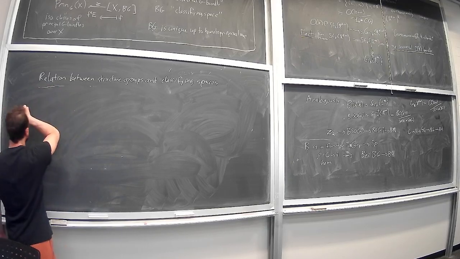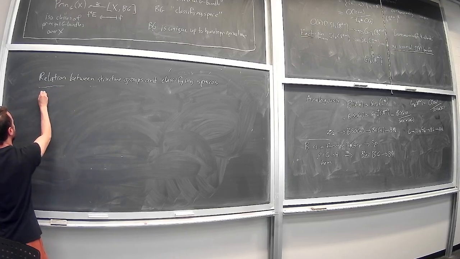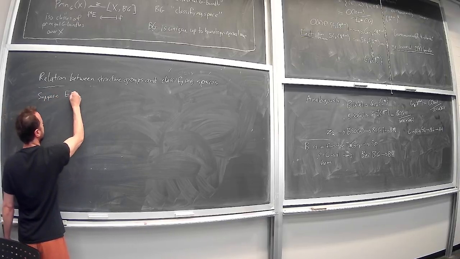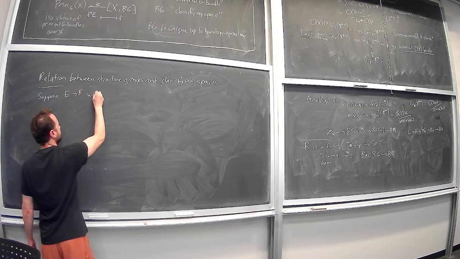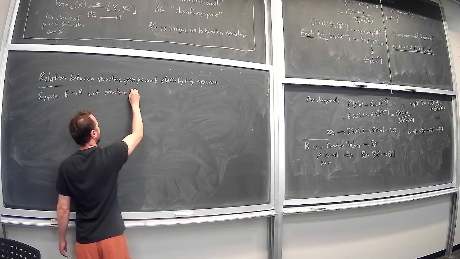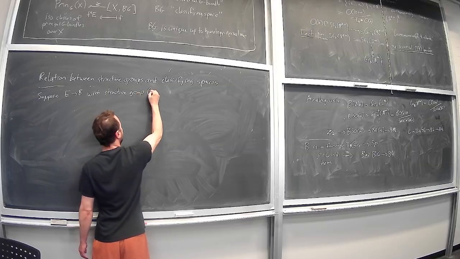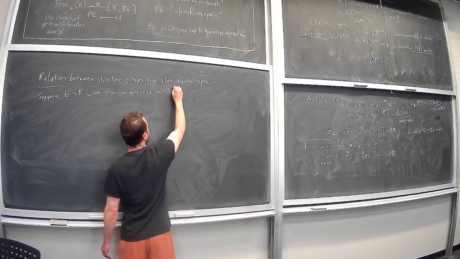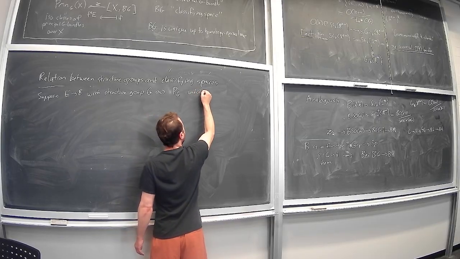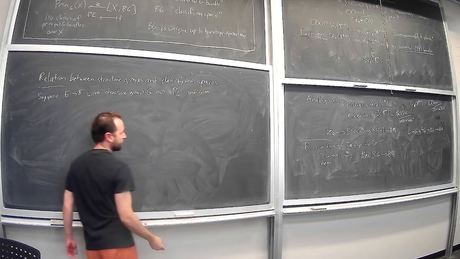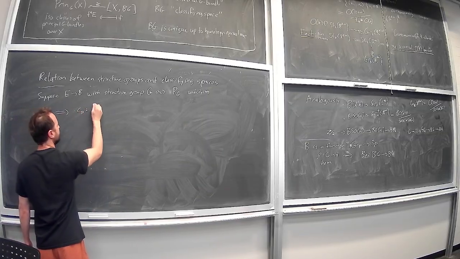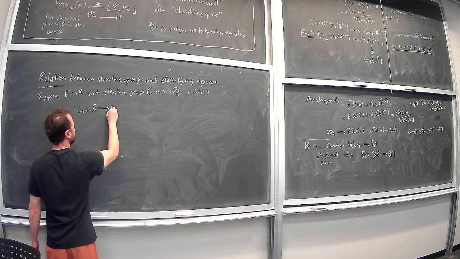So let's say, suppose we have a bundle E to B with structure group G, and so we have an underlying principal bundle P sub G. So by our classifying theory, we know that we get some classifying map for P, going from B to BG.